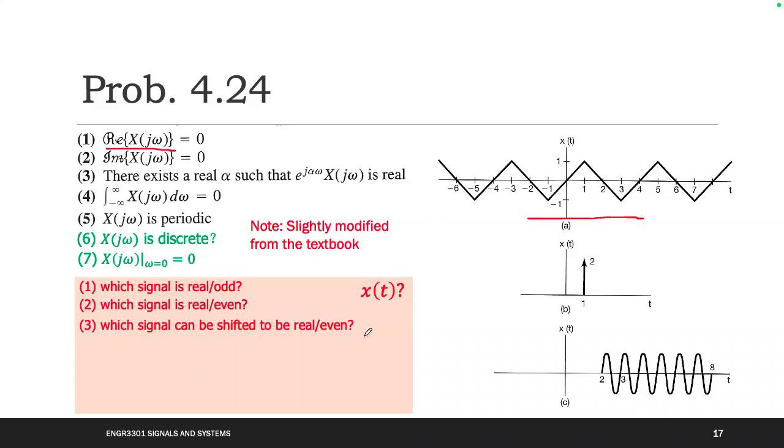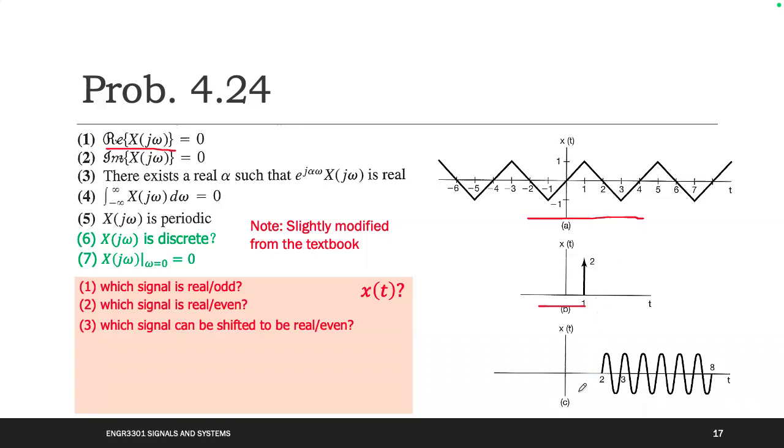So which signal can be shifted to be real or even? Well, just the first one, am I right? Yeah, that's right. If you shift it to here, it will be even. Here it is odd, am I right? And how about the other one? Can this one be shifted to even or odd? No, am I right?